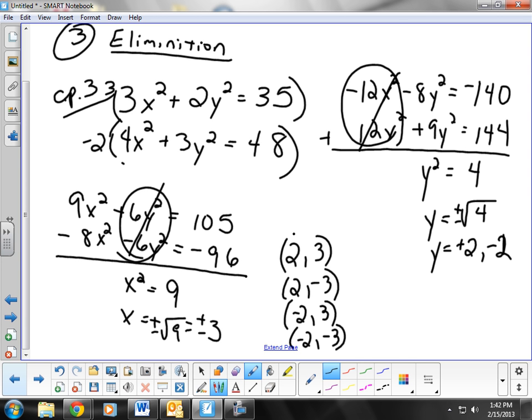Because you had 2 ellipses intersecting, so 4 solutions. It's not hard. It's just different. You've got to pay attention to those squares. And you've got to remember when you take the square root to solve it, you get a positive and a negative value. Okay? Anything else?